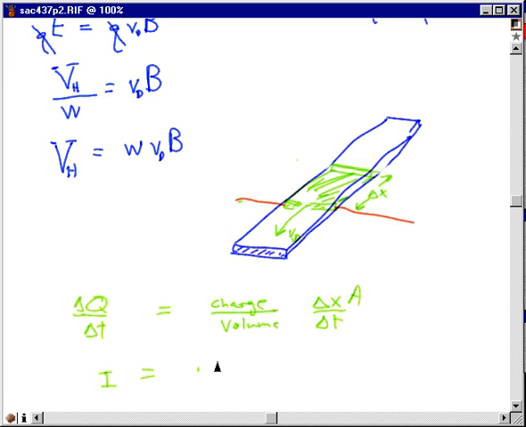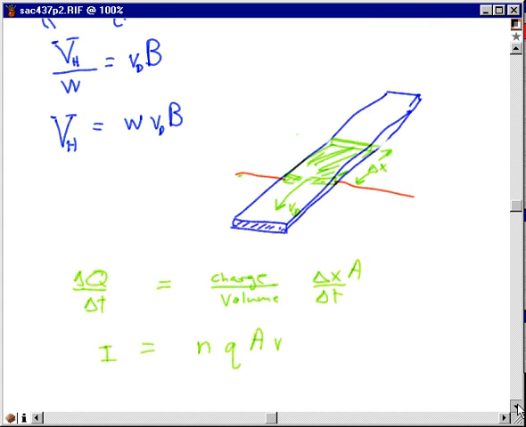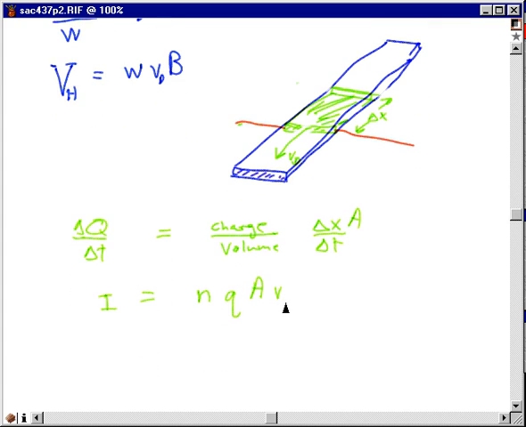The charge per volume is going to be n, which is the number of charge carriers per volume, times the amount of charge per carrier, and then this is times A times v. And this will be v sub d. So this delta x by delta t, distance traveled divided by the amount of time that it takes to travel, is what I'm referring to as v sub d.